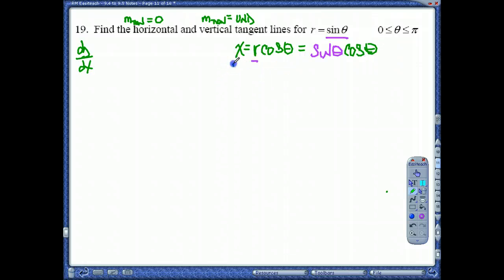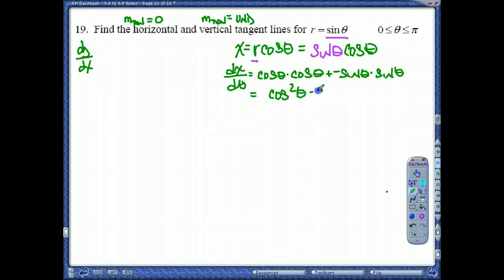Now if I find dx over d theta, it's going to be a product rule. I'm going to have the derivative of sine, which is cosine, times cosine as is, plus the derivative of cosine, which is sine, times sine as is. So this becomes cosine squared theta minus sine squared theta.